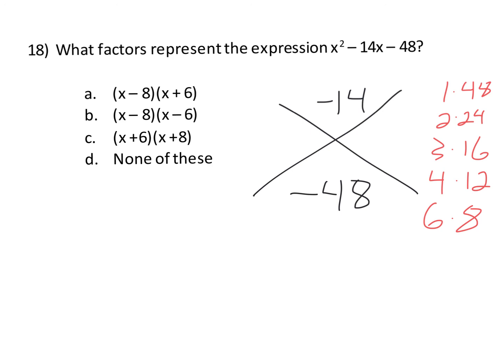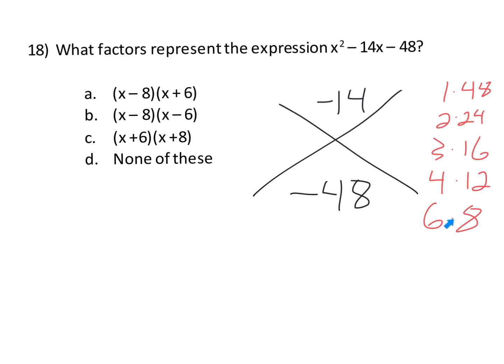Well, when we multiply them, we need to get a negative 48. So one is positive and one is negative. So we can kind of think of it as a subtraction problem. However, if you take a look at these factors, obviously 48 and 1 does not equal 14, 24 and 2, 16 and 3, 16 minus 3 is actually 13, 12 and 4 is not going to equal 14, and 8 and 6.